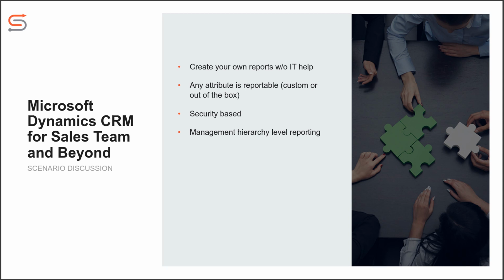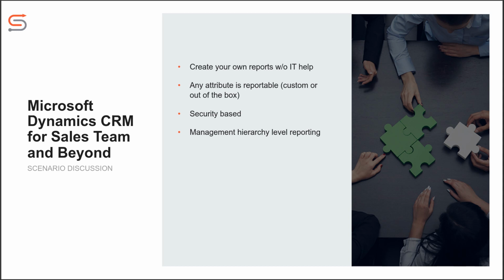If they should only see their accounts and not somebody in another region, then we can do that. And it's all just configuration. It's just a built-in security model where you're just building the roles in the business units correctly and everything just works together. So it's configuration.